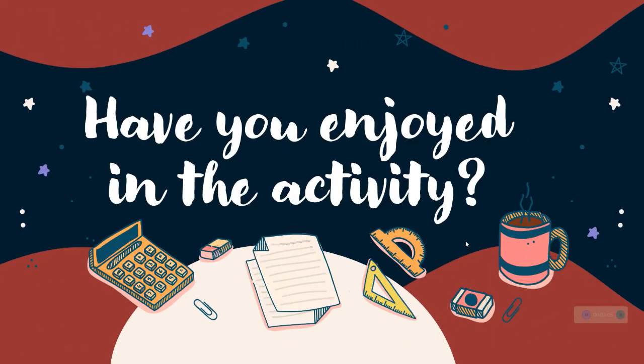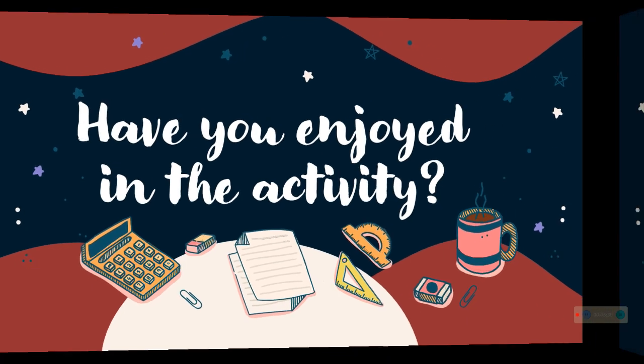Have you enjoyed the activity? I hope you enjoyed it because you don't have anything to solve, since that is a word search. The words or phrases that you have seen in the BookWidgets activity are the terms that we are going to discuss later.